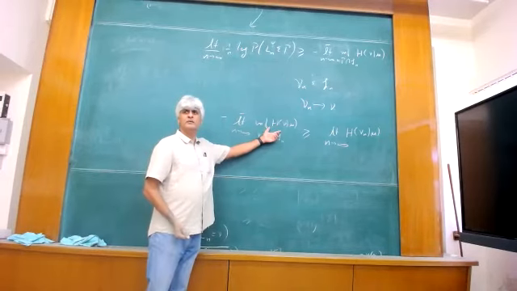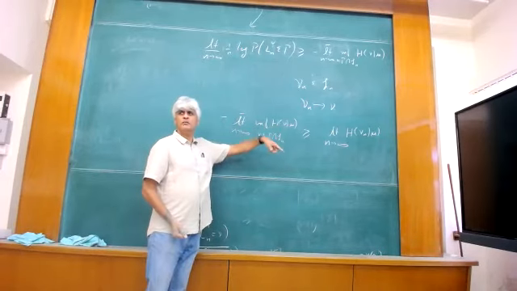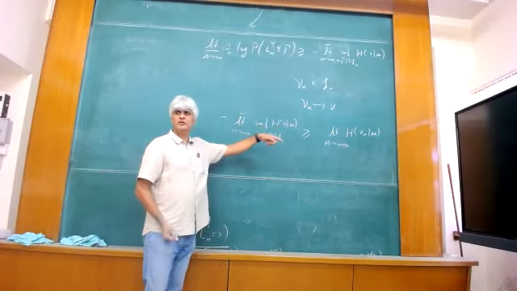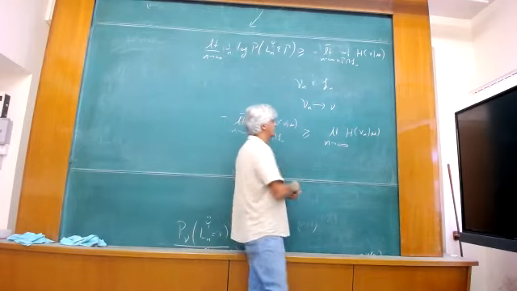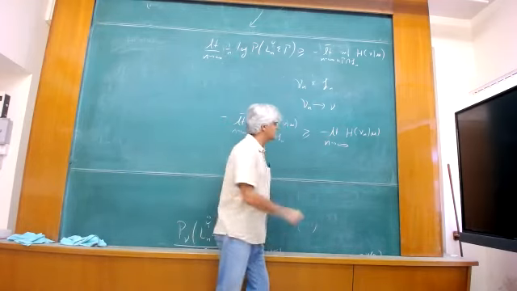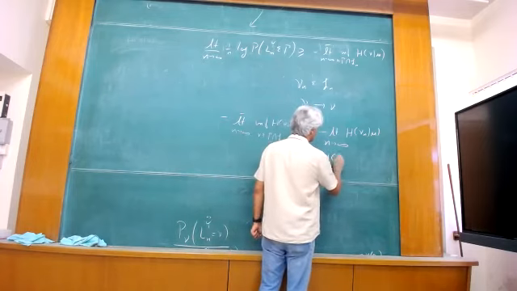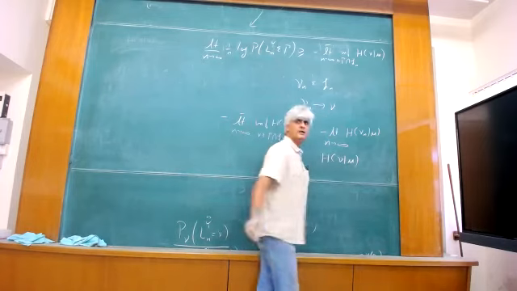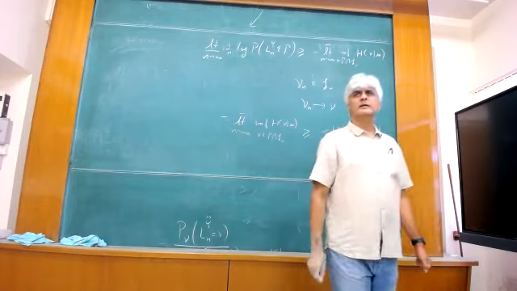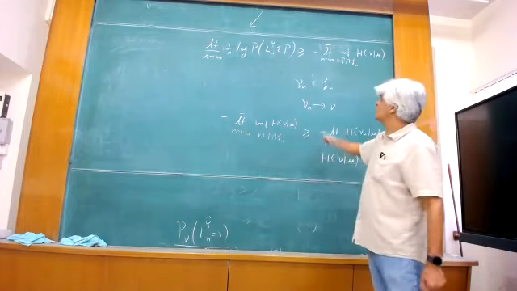This is an infimum, so I can dominate the negative of that from below by H of nu and mu, and this is just equal to H. So I get this lower bound for my probability.